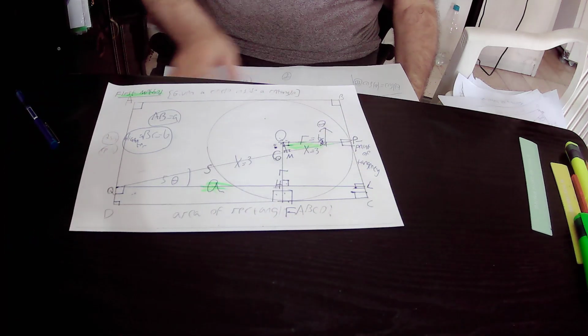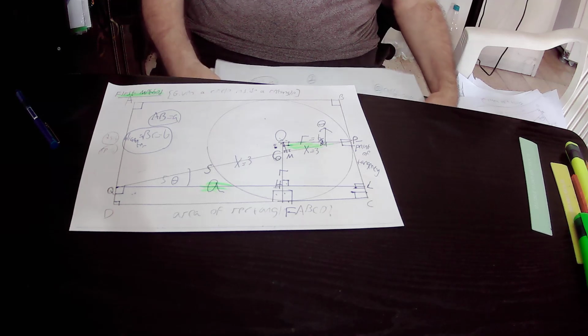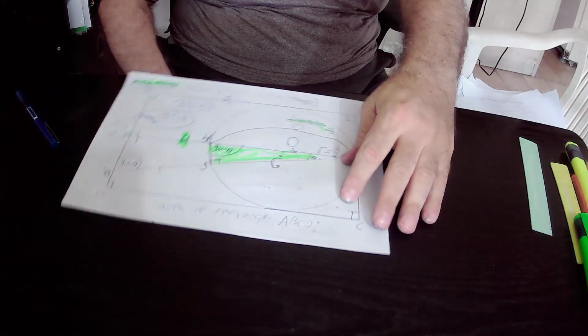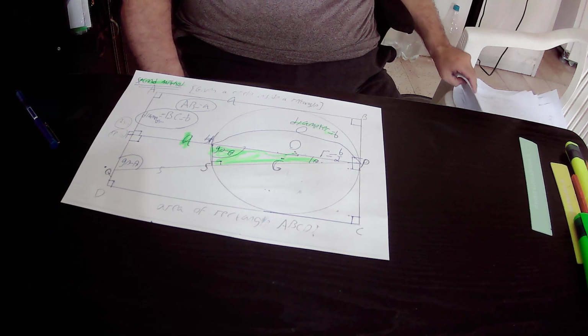Then I presented to you the second method to find out the area of rectangle ABCD.